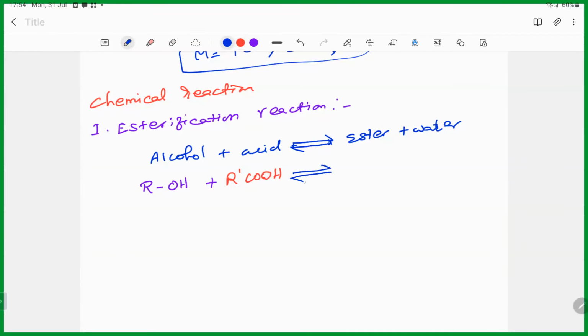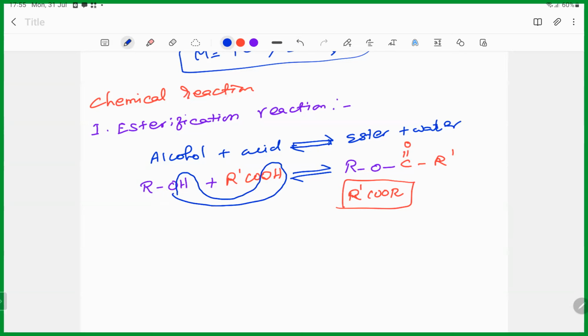It's going to give R dash COOR. Look carefully which part has come from where; I have given color changes. RO from alcohol, ROH from this. So what will happen? This hydrogen and this hydroxyl leave as water.